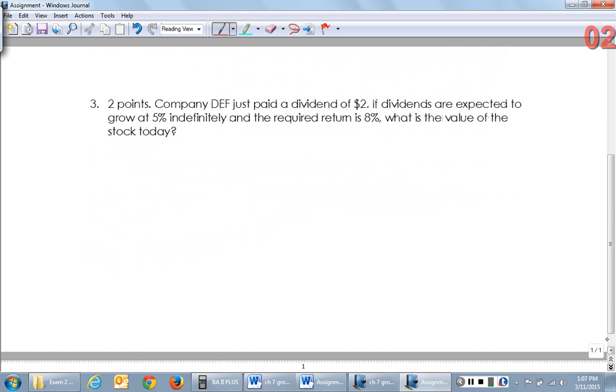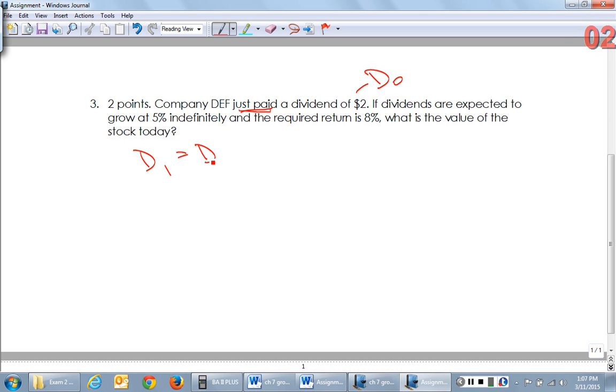The only difference here is that this problem gives you the last dividend paid. So this has been just paid. So because it's just paid, that is D naught. And we do not use D naught in calculations. But we can use D naught to calculate the next dividend payable, D1.